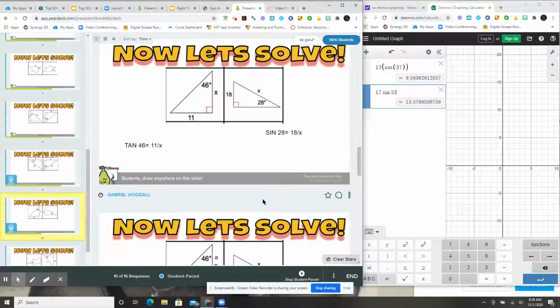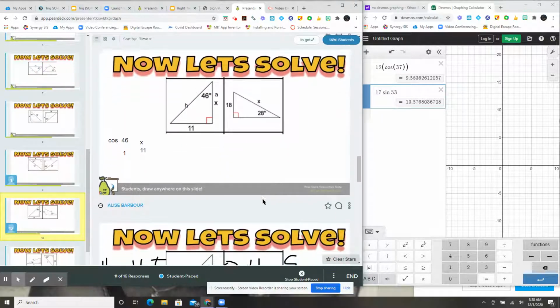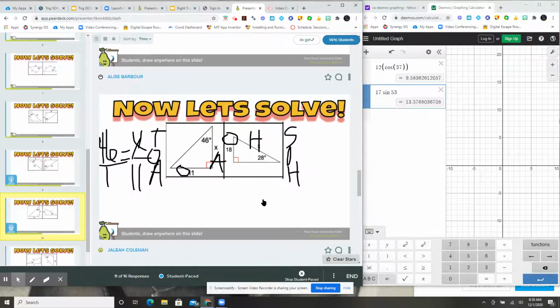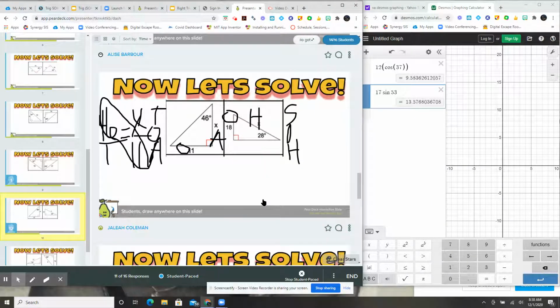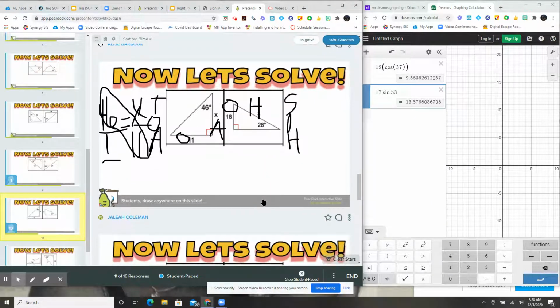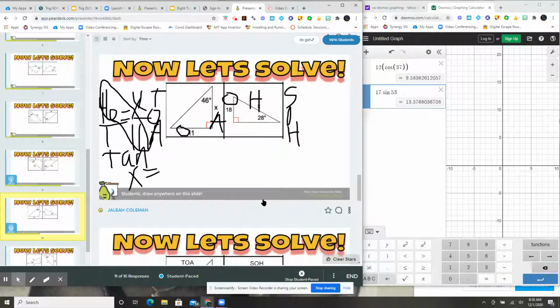Gabe, you've set up those equations perfectly. Now you just need to solve them, so multiply by x and then divide. Julia, you labeled your triangle perfectly. Your fraction is upside down.